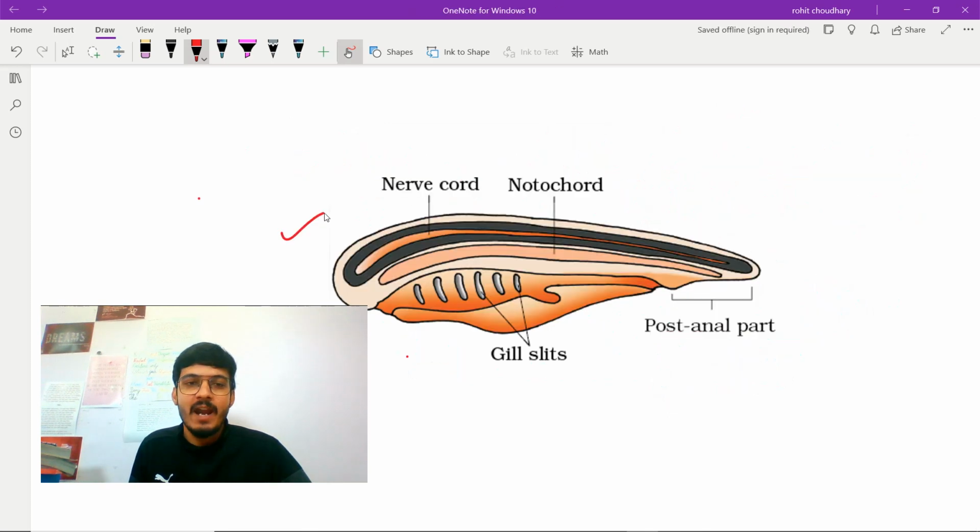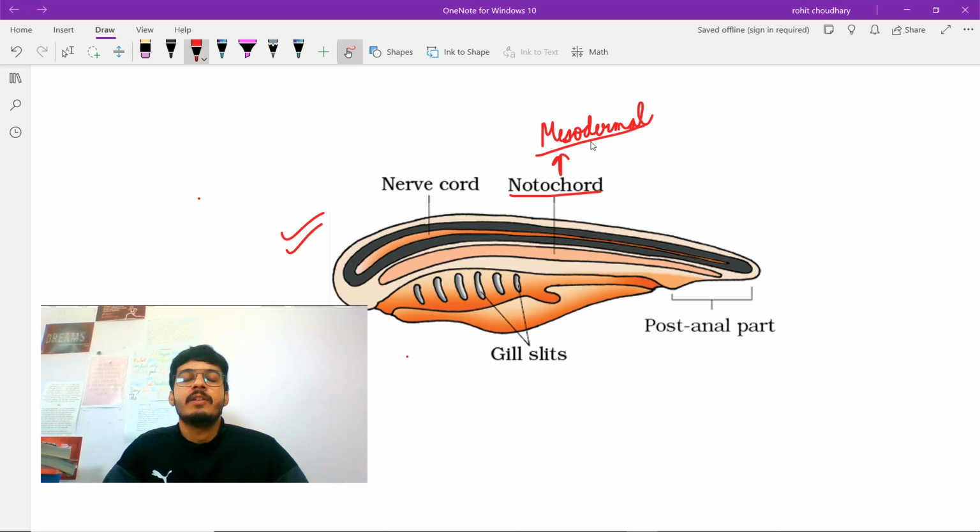Let's have a look at the diagram showing the chordate characteristics. This is a properly labeled diagram. This is the notochord, and the origin of the notochord is mesodermal. In our body, the gut and the connective tissue are mesodermally derived.